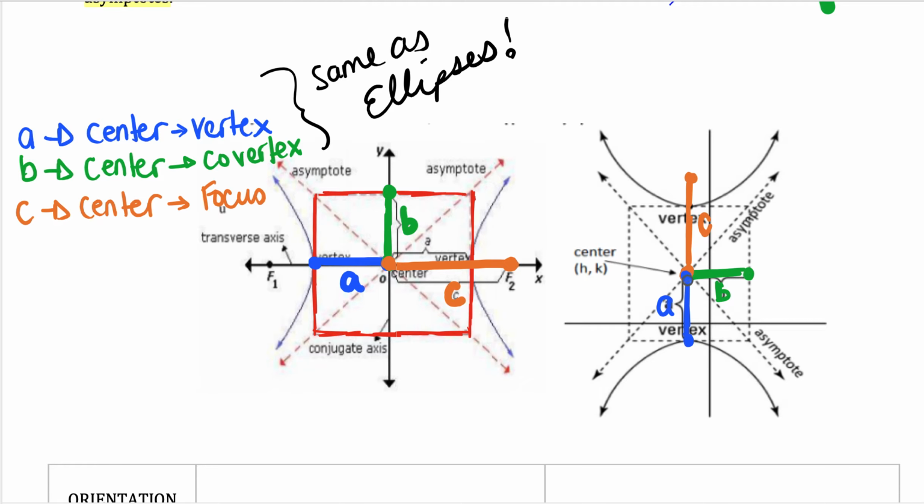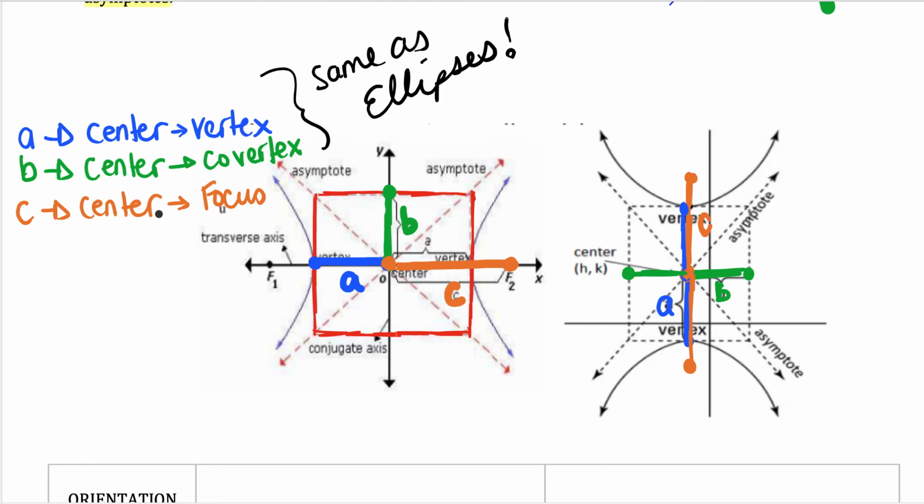So this is also A, technically. This is also C, technically. And then this is also B, technically. So it goes in all directions. So this is really important, A, B, and C.